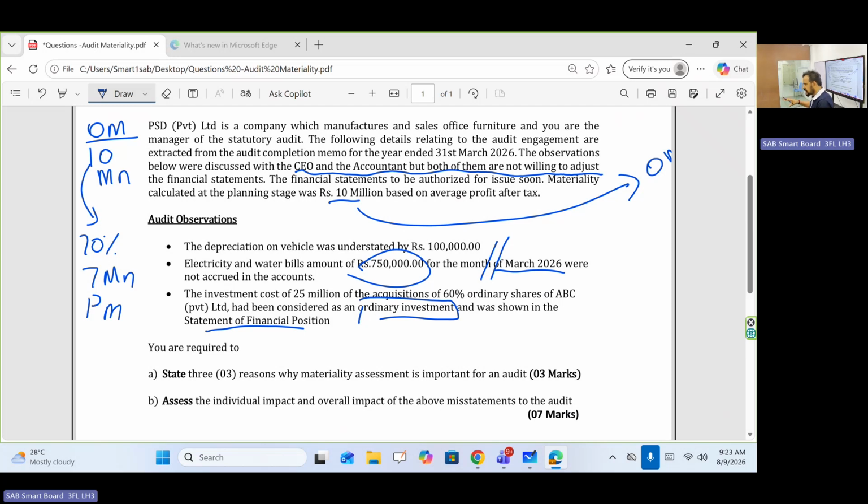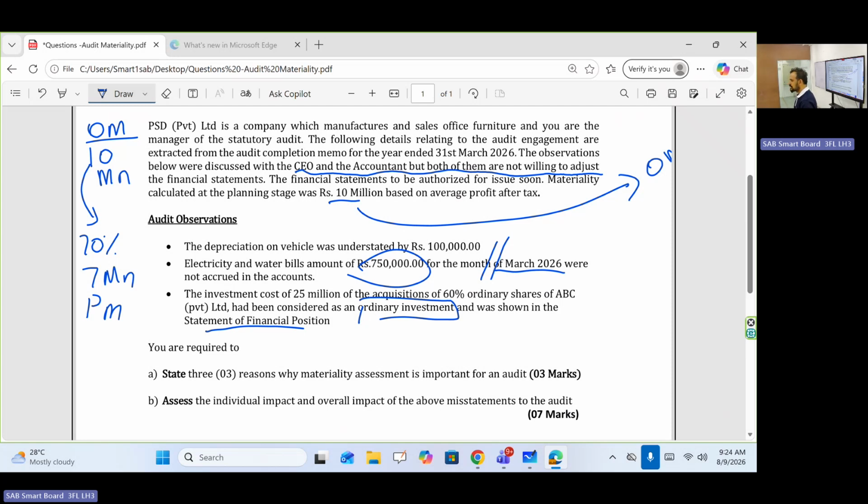Some circumstances are there, but I'm not going to explain those now. Generally, if there is more than 50% ownership, it means subsidiary. But in certain cases, let's say for knowledge purposes, the holdings are 40, 40, 20, or next 45, 35, 20.